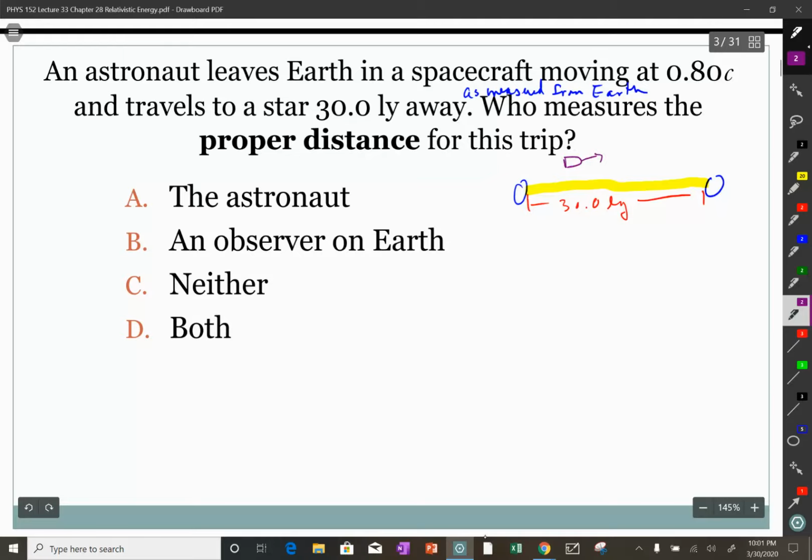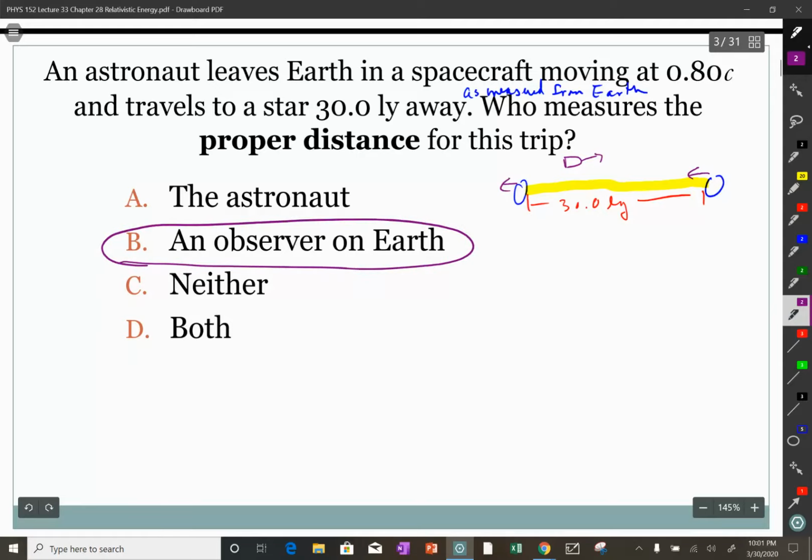And so they see that the Earth and this destination are moving. And because they see the Earth and its destination moving, they see this yellow line, if you will, is moving, and thus it's going to be length contracted. So the proper one is the one that sees that yellow line is stationary, and that's the observer on Earth.